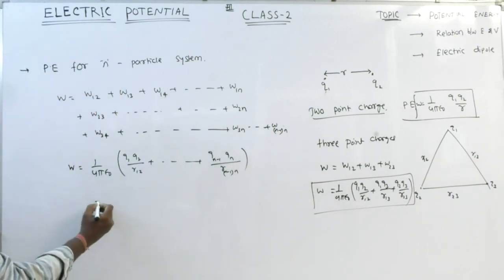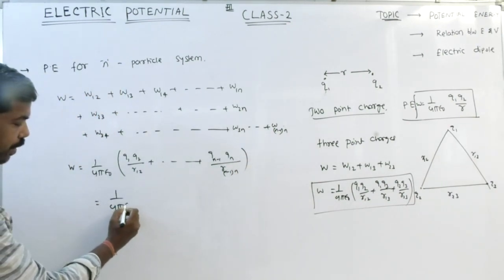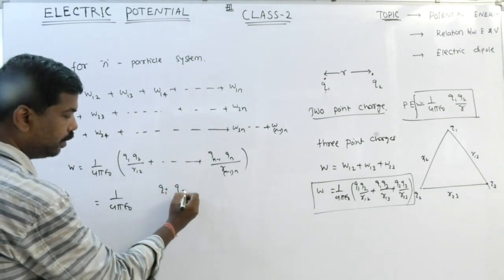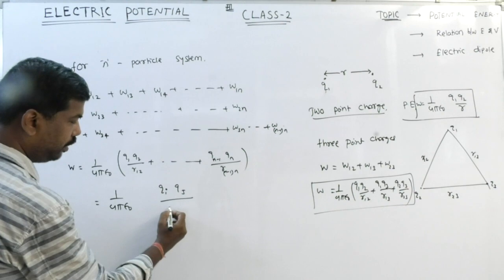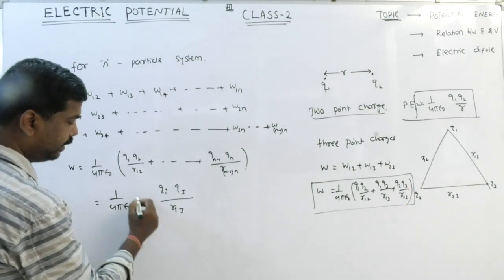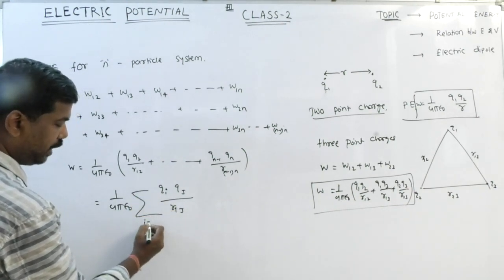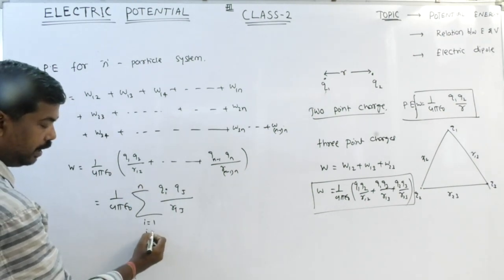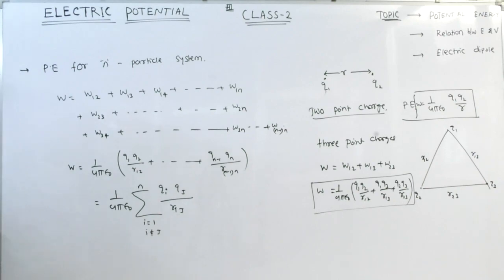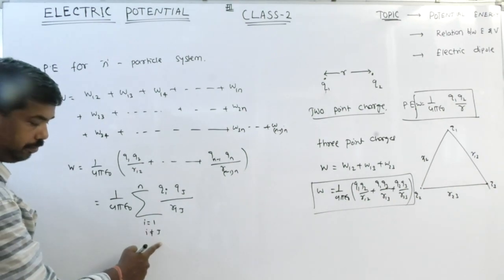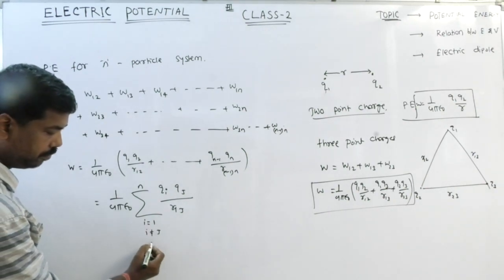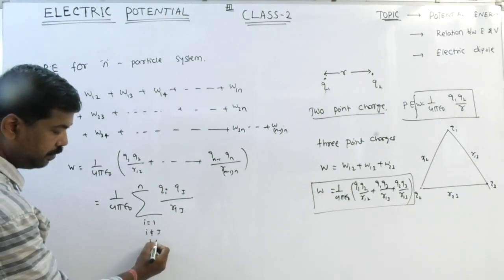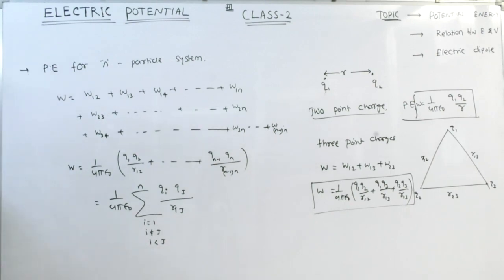Clear? I can write it as 1 by 4 pi epsilon 0 Qi Qj by Rij, where i is equal to 1 to n, i not equal to j, and i must be smaller than j.